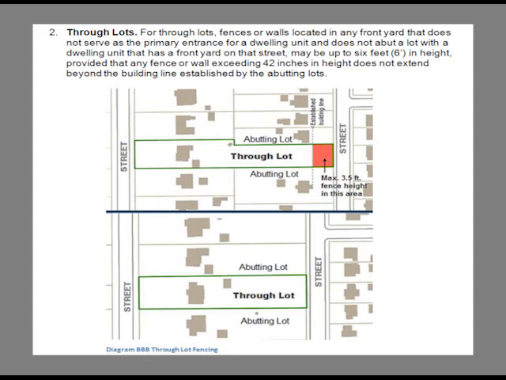You are limited to a 3.5-foot fence to make it similar to the front yards along that entire street frontage. That's a new provision. We think this will help a lot.